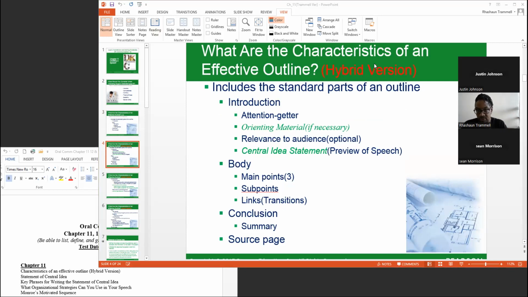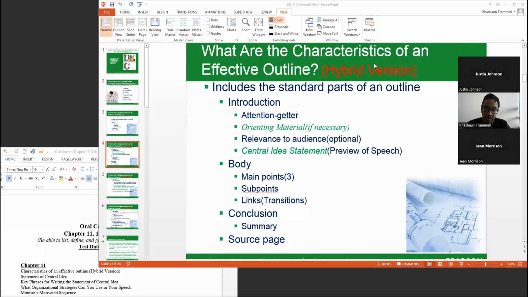Characteristics, of course, the introduction: the attention getter, or the wow statement, the thing that gets your audience involved or interested in what you're speaking about. It's more than just walking out and saying, hey, I'm going to talk about this. It's you showing them something or demonstrating something that captures their attention in a way that's not so straightforward.